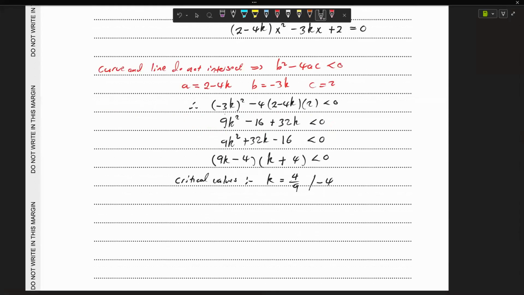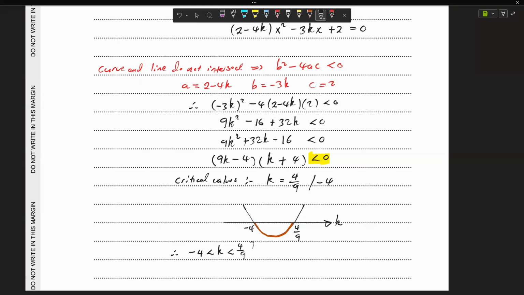So what does that mean? If this was k less than, and the graph is like this is minus 4, this is 4 over 9. Less than 0 means negative. So we want the part of the graph that is negative, that is below the axis. This and this is values of k, which are between minus 4 and 4 over 9.